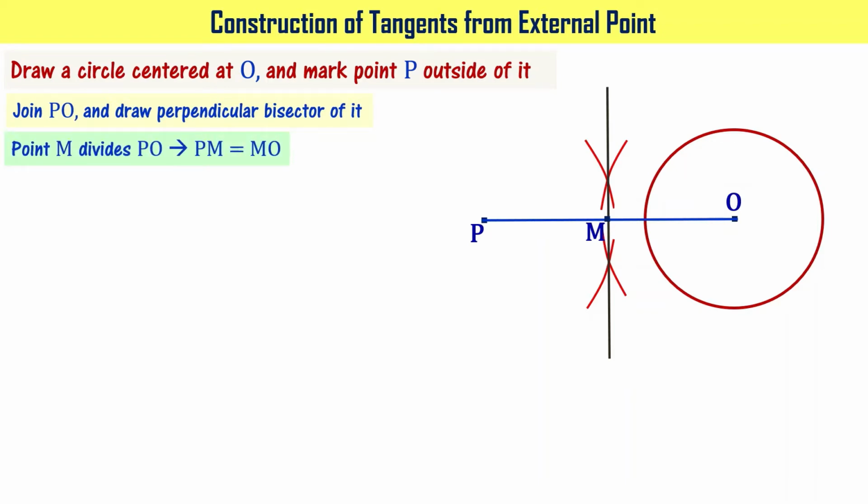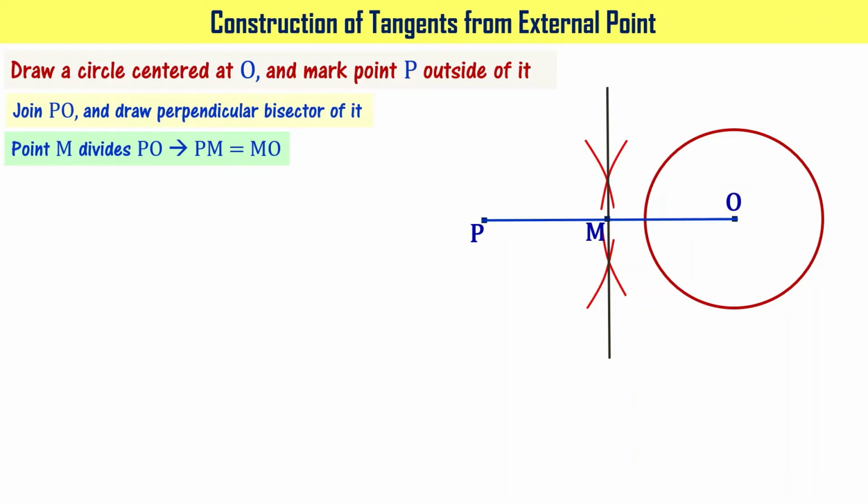Now, what I can say is point M divides the line OP or line PO, such that length of PM equal to length of OM. It means the line we have drawn just now with the help of two pairs of arcs is a perpendicular bisector to line OP.